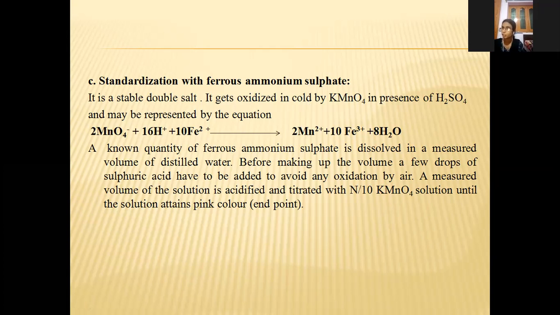Here we have to take some quantity of ferrous ammonium sulfate. It should be dissolved in distilled water, and before making up the volume, we have to add a few drops of sulfuric acid in order to avoid the oxidation process. This solution should be titrated with N by 10 or 0.1 normal potassium permanganate solution until the solution changes to the pink color.